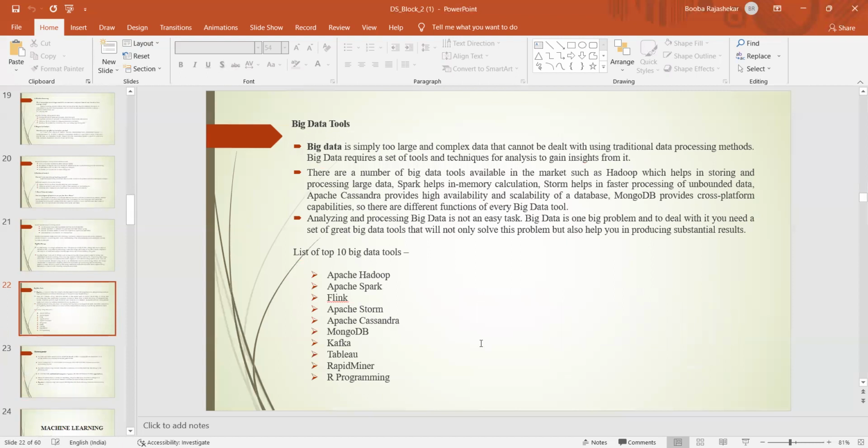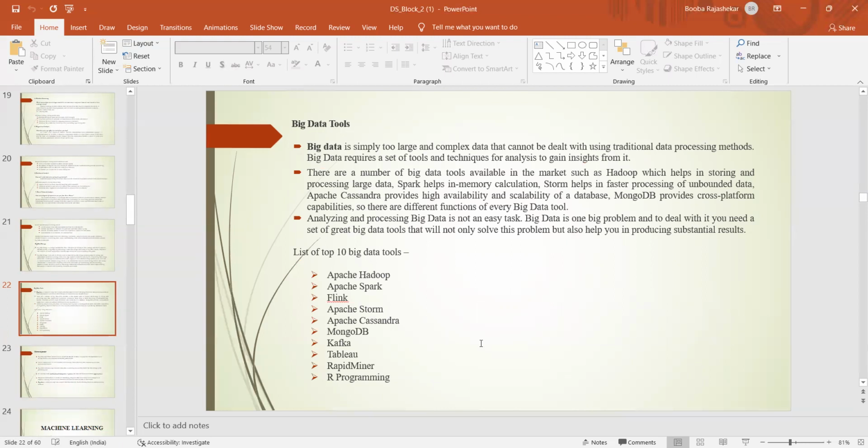So what other big data tools are available? Big data is simply too large and complex data that cannot be dealt with using traditional data processing methods. Big data requires a set of tools and techniques for analysis. There are a number of big data tools available in the market. Hadoop helps with storing and processing large data.